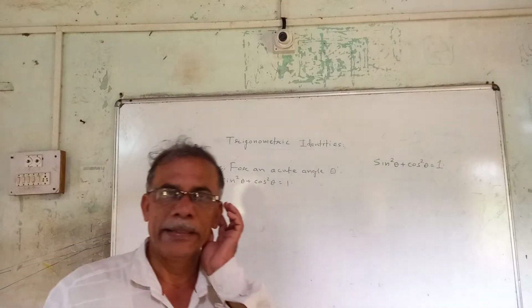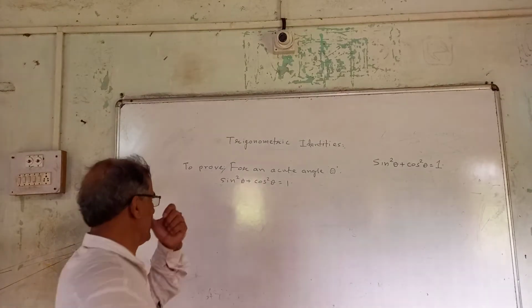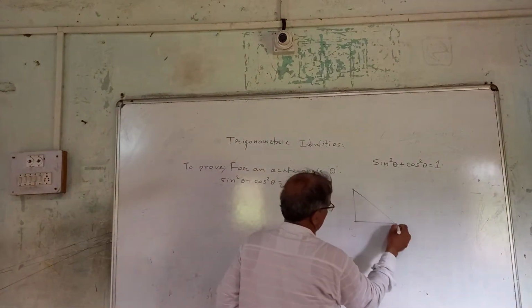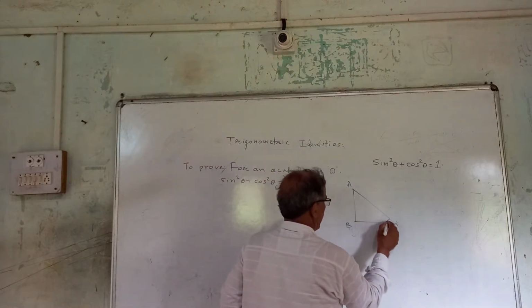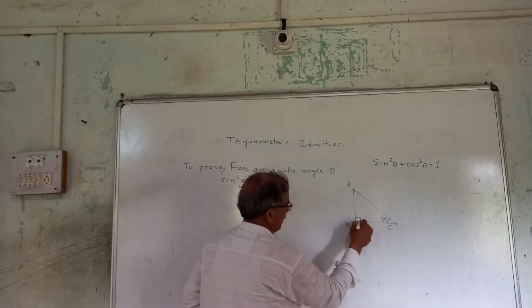Now to prove this, you will always be given one right angle triangle. Now see like this, A, B, C, and one acute angle will be marked as theta. So this is right angle at B.